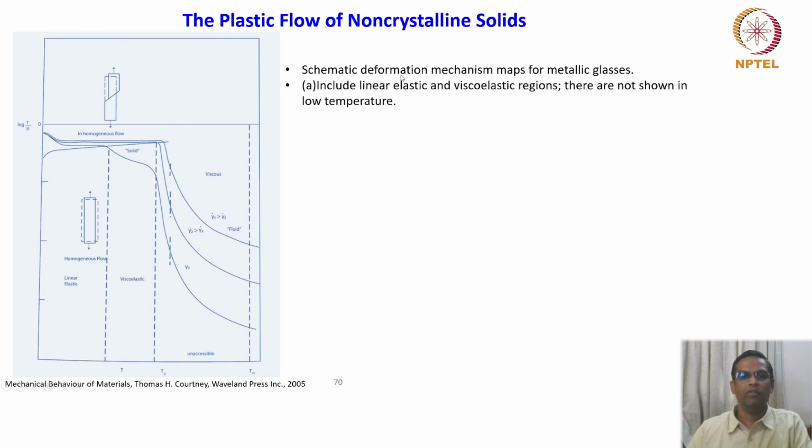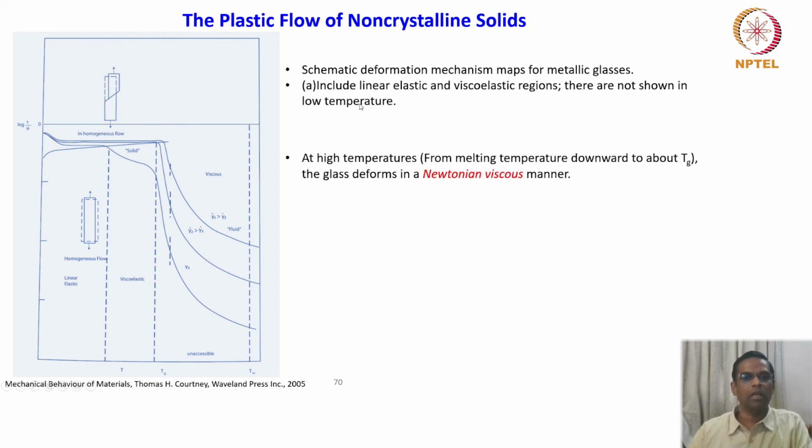It is called a deformation mechanism map for metallic glasses, which includes the linear elastic and viscoelastic regions, and they are not shown at the low temperatures.